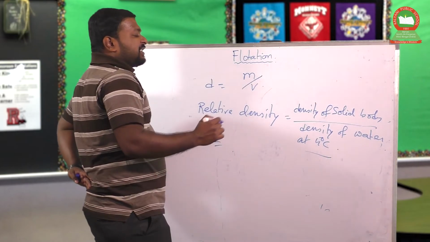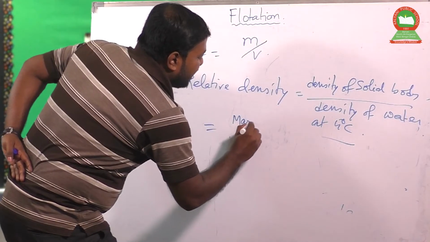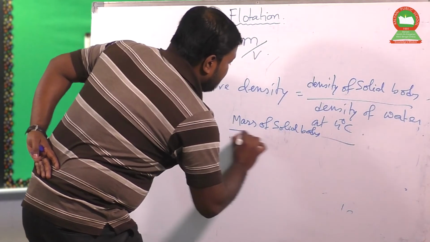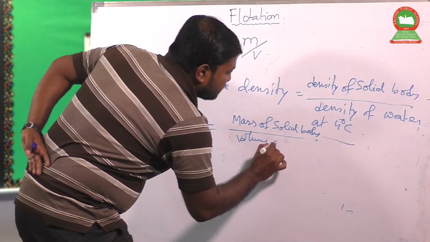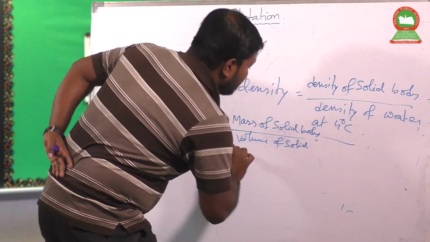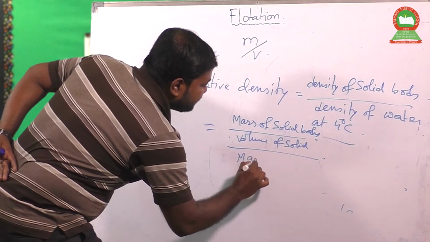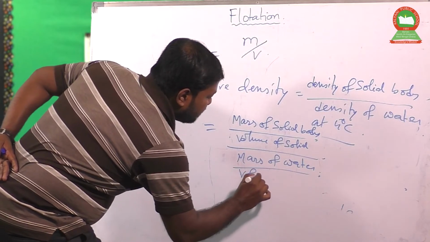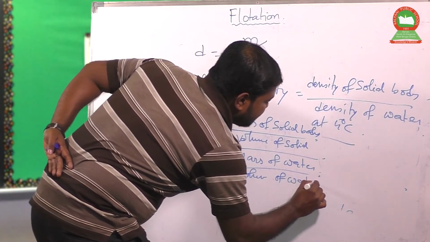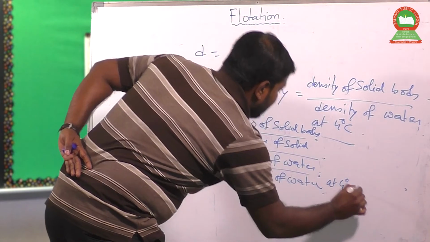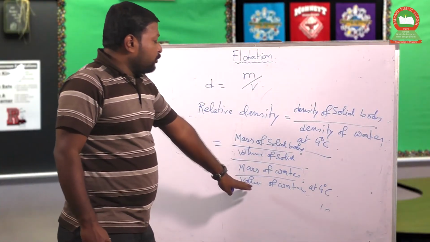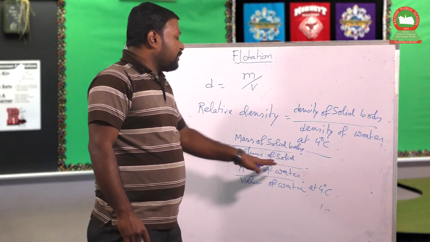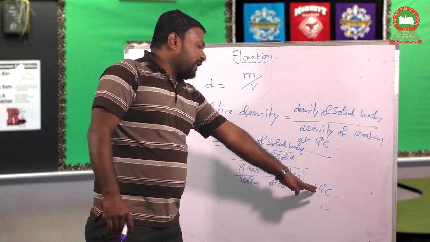Density of the solid body: density means mass per unit volume. So the mass of the solid body divided by the volume of the solid body, divided by the mass of water divided by the volume of water at 4 degrees C. Now, taking the volumes of the two bodies to be the same, that means the volume of the solid and the volume of water at 4 degrees C are the same.